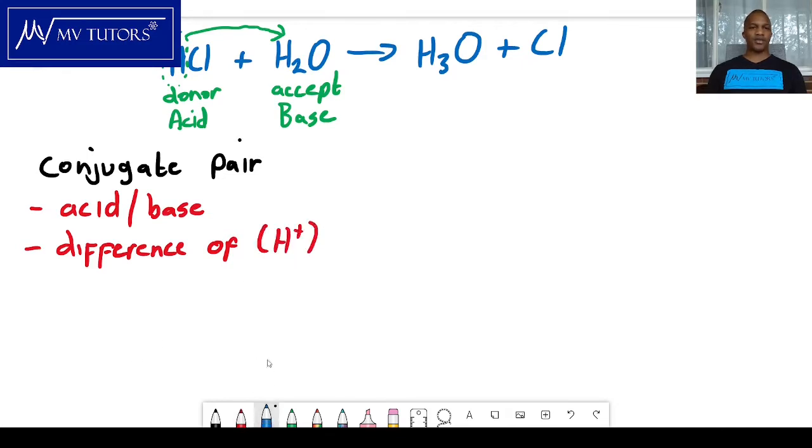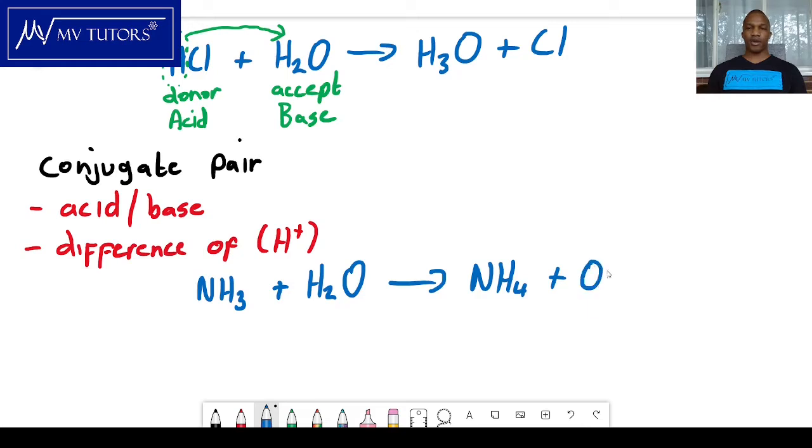All right, so let's quickly look at an example. Let's say now we have NH3 plus H2O, and that is going to give us NH4 plus OH. Okay, so let's look at this.